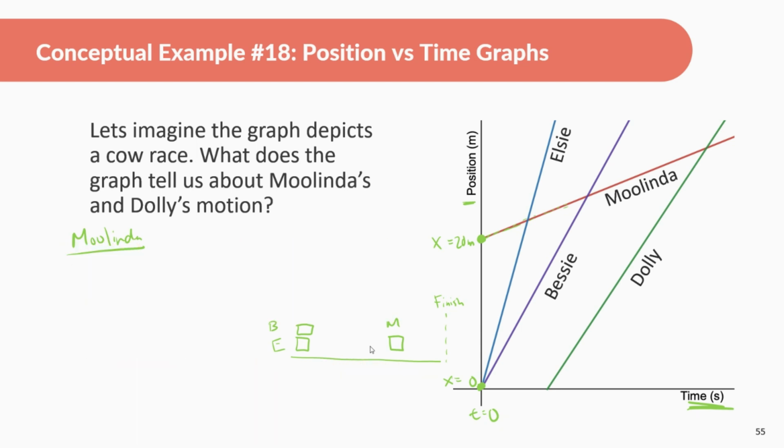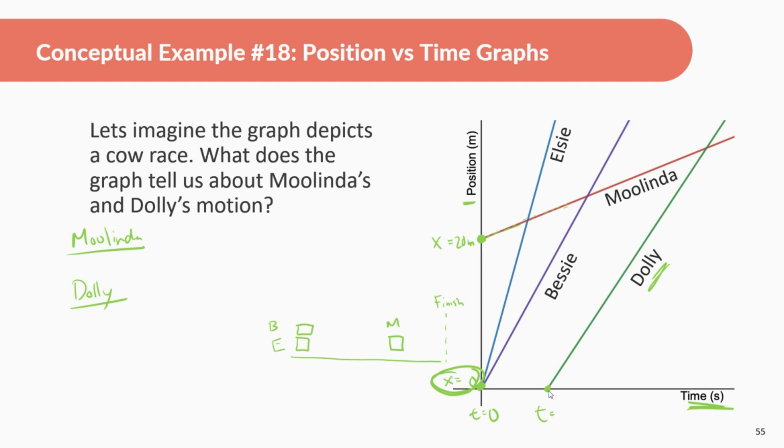Okay, let's look at Dolly. So Dolly is over here. And let's look again at the position and time. So we can see the position is the same. It starts at position 0, so it starts at the same place as Bessie and Elsie. But it seems like Dolly is starting at a different time. Or there's a few things Dolly can be doing.